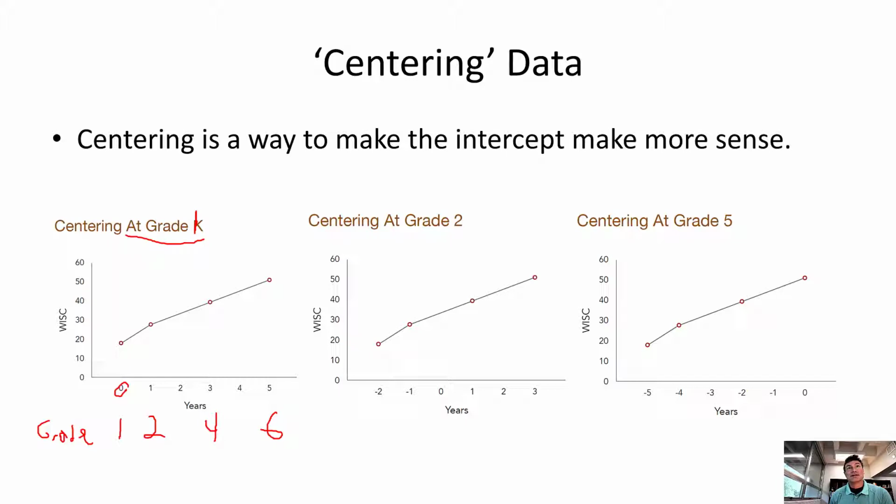This is centering in the middle, and sometimes this is useful if we're trying to find where the intercept is in the middle of therapy or the middle of things. This isn't used as often. And then sometimes we center at the last time point, where people end. So when we look at the intercept value in our output, this is the point where people end, and that could be important too. I think this first method is what we're often doing, so the intercept is at the beginning. Sometimes the intercept is at the end, and that's used slightly less often.